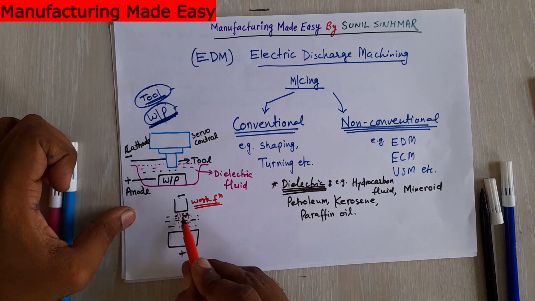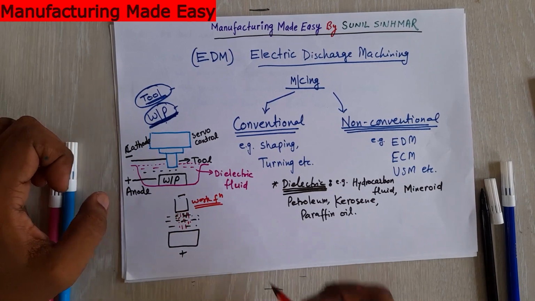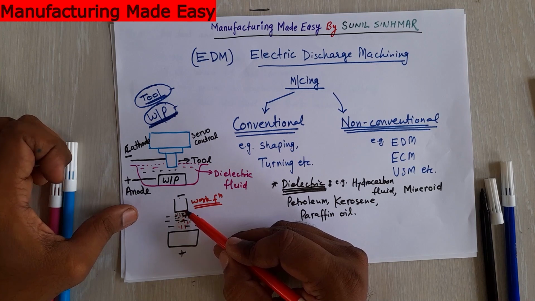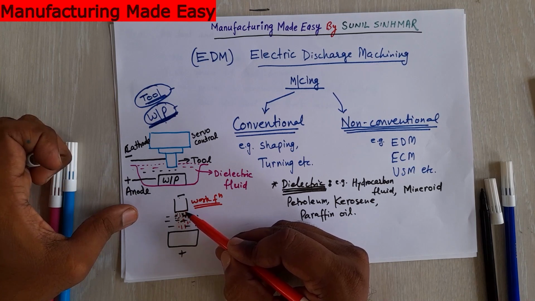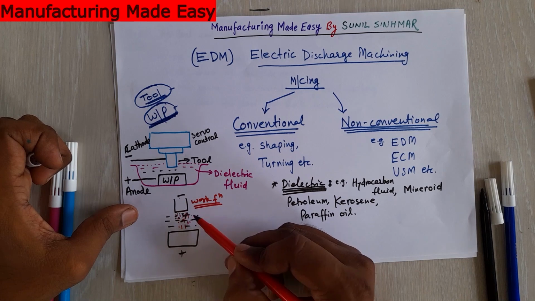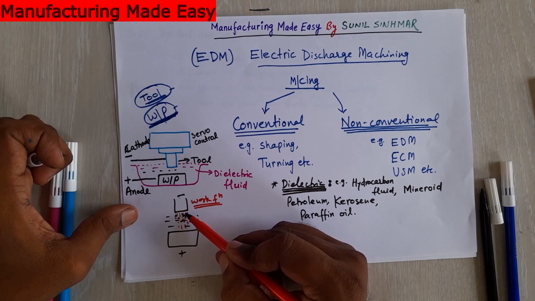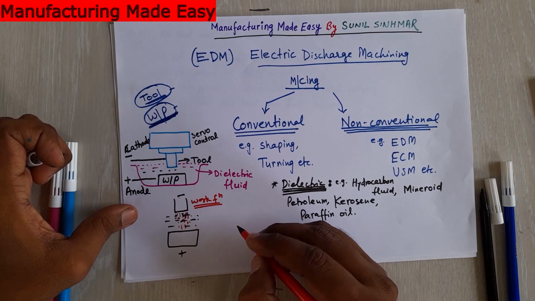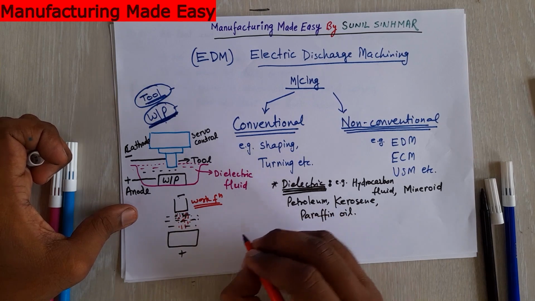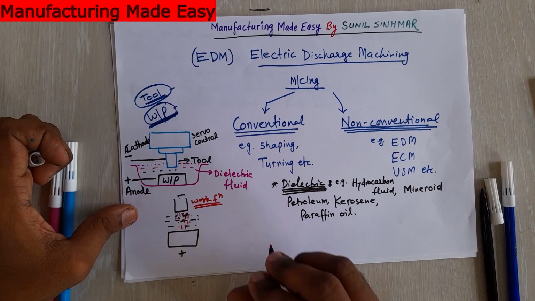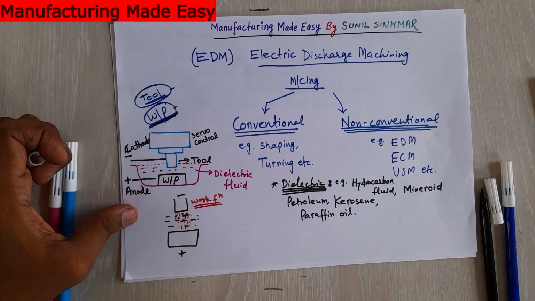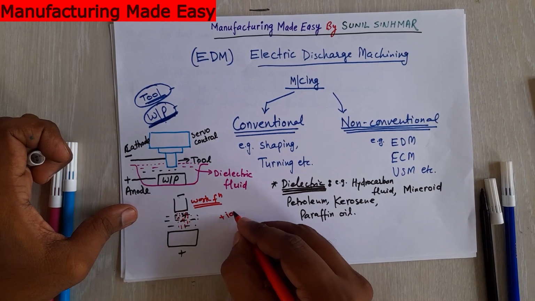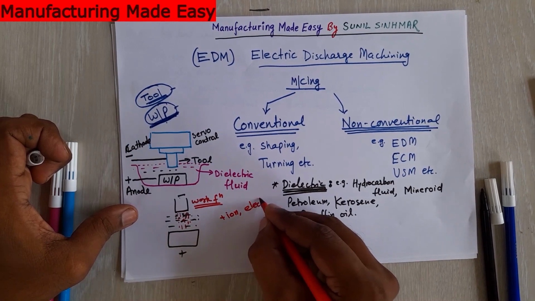So these electrons start moving from the tool surface, and then there is the dielectric fluid. They will collide with the dielectric fluid molecules, and these electrons will break the dielectric molecule into positive ions and electrons.